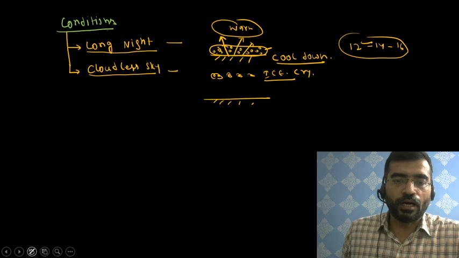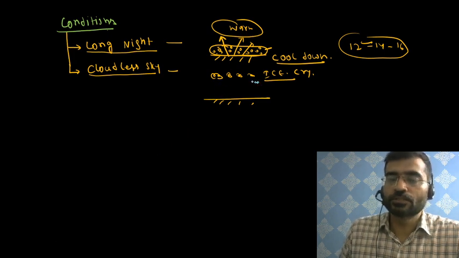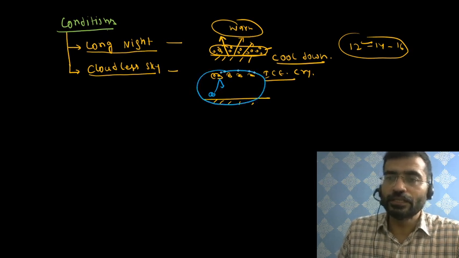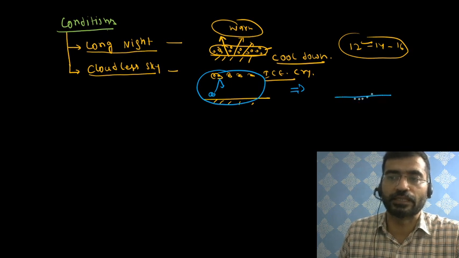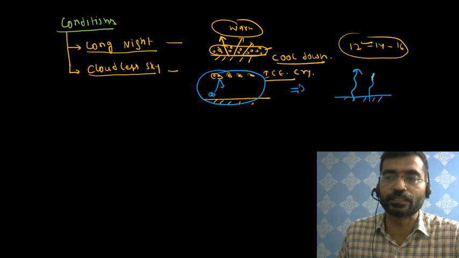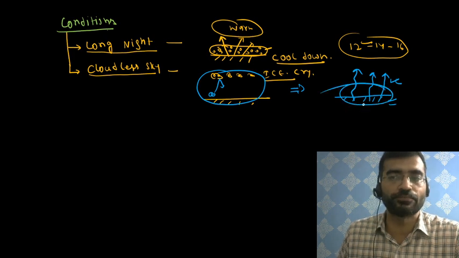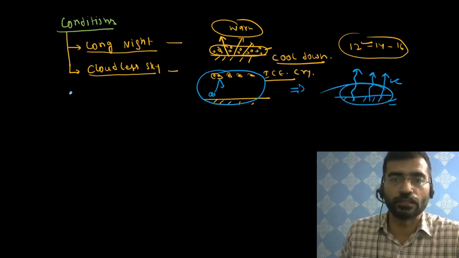So when our earth radiates terrestrial radiation, such a cloud reflects it back to the surface and maintains the heat around the earth. But if it is a cloudless sky, means there is no cloud, in that case terrestrial radiation may go into the outer space. So this way over the time temperature may reduce near the surface because of cooling of the earth.